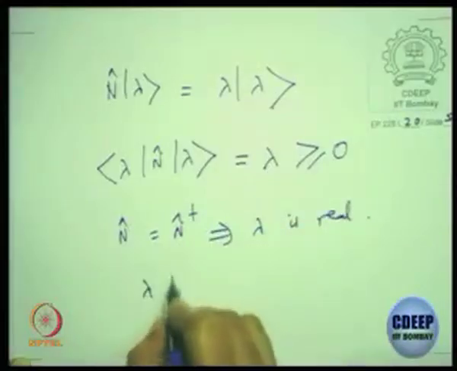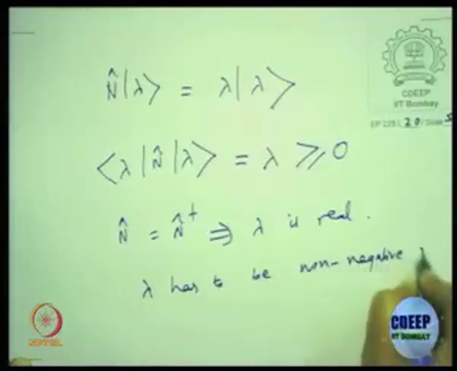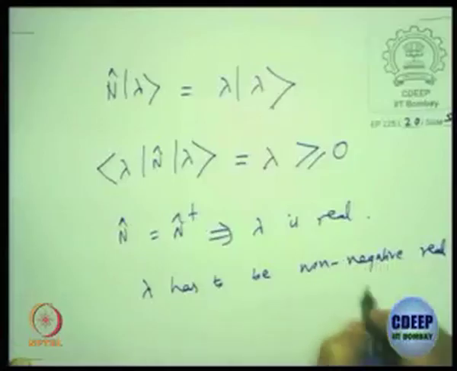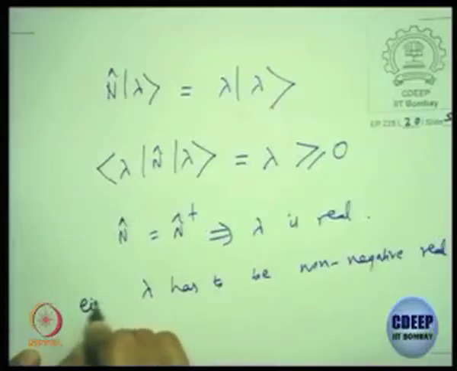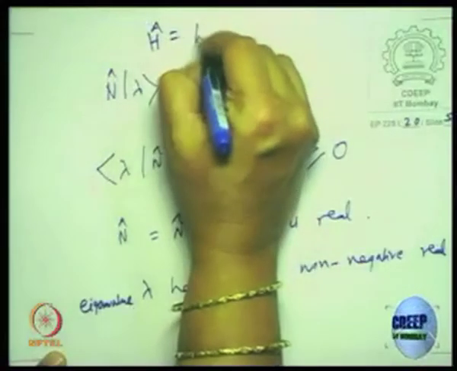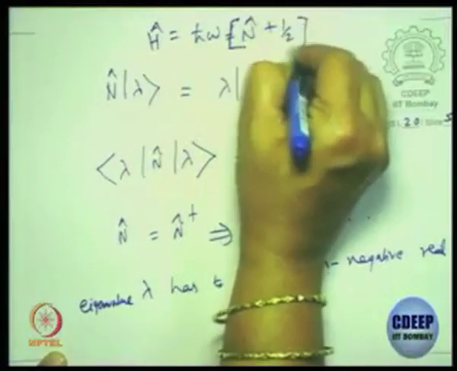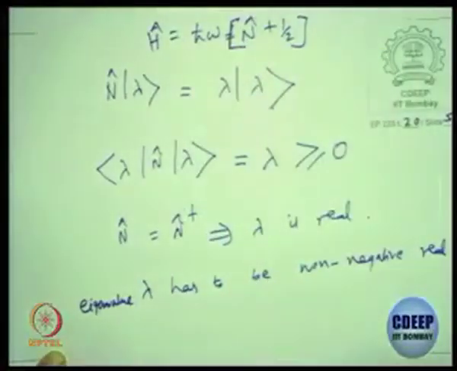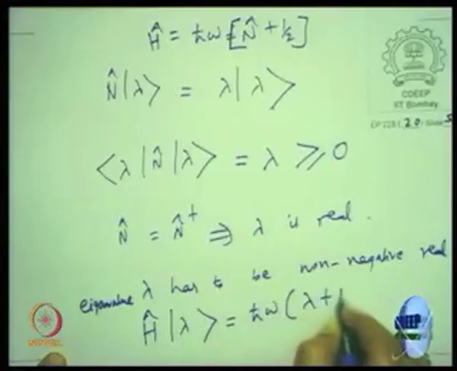So lambda has to be a non-negative real eigenvalue. Is this clear? Now on top of it, we also say that the Hamiltonian is h cross omega times n hat plus half, right? So therefore, the Hamiltonian on lambda will give you h cross omega times lambda plus half.